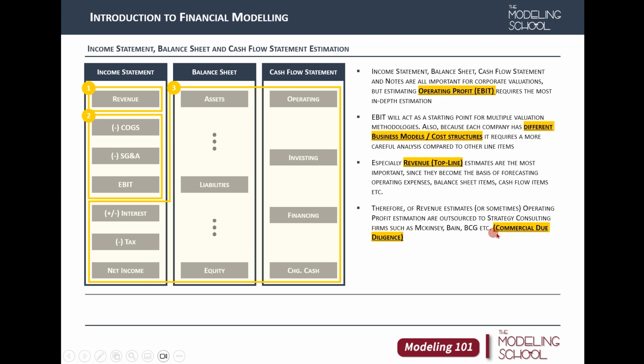It is often called commercial due diligence, and they would be assigned to a project to forecast only revenue. So they're given time like 4 weeks, 3 weeks, 5 weeks of time, and all they have to do is to forecast revenue, but it's going to require a lot of analysis.